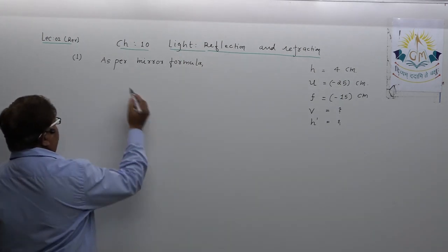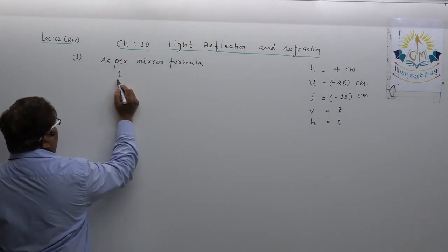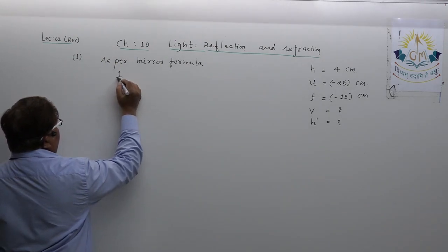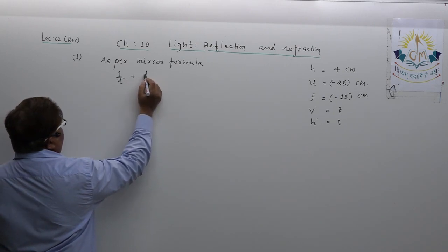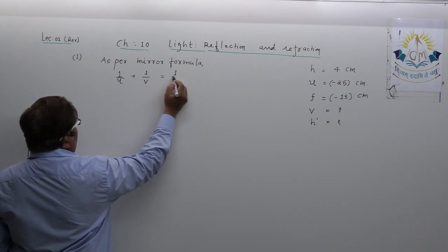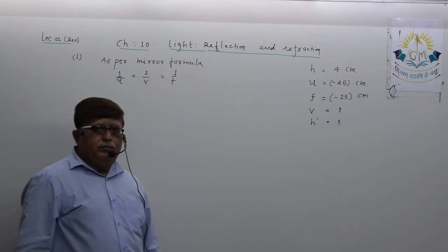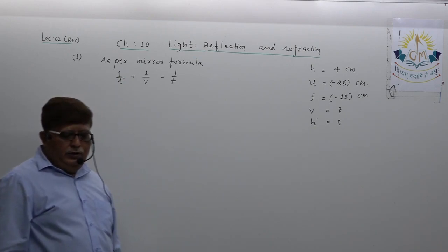What is the mirror formula? You all know, dear student: 1 upon u plus 1 upon v equals 1 upon f. You need to mention the mirror formula in the exam.